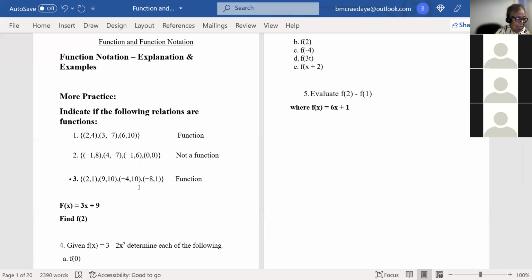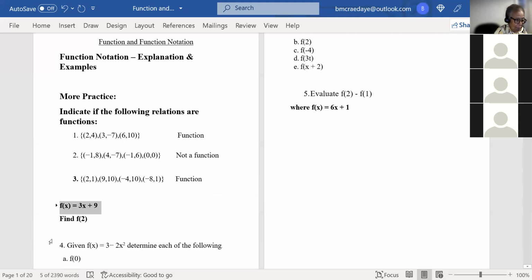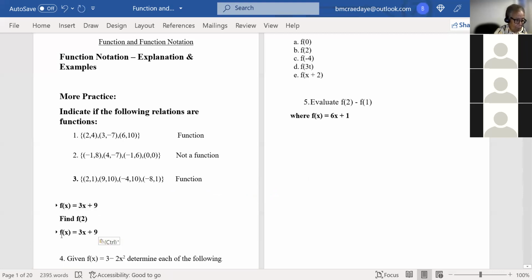Now, what this means is wherever you see an x in this function, you're going to put a 2, Audrey. That's function notation, all right? Wherever you see an x, you're gonna put a 2. So you take this function, let's copy it, and substitute 2 for x.